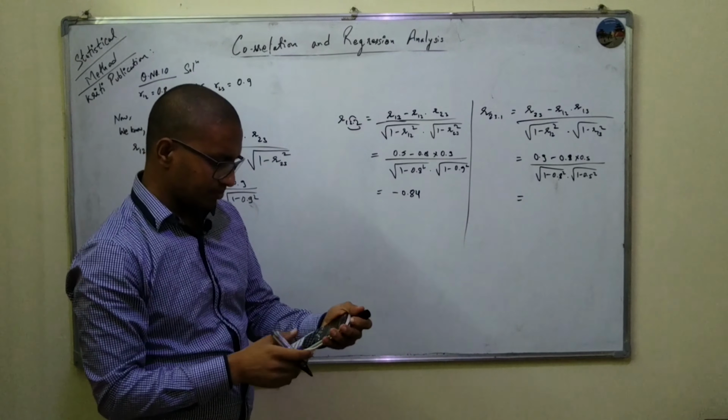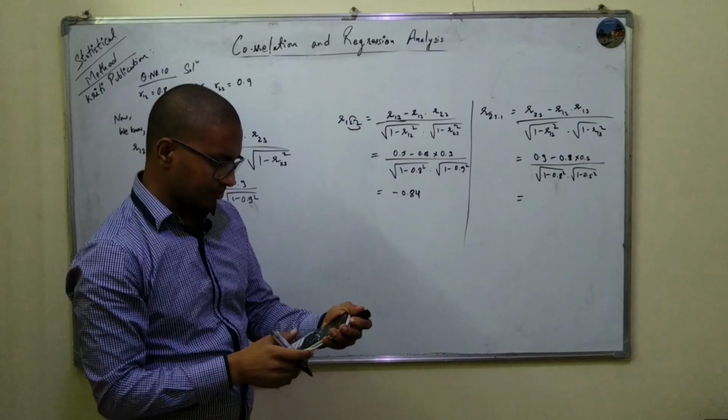Let's compute it. 0.9 minus 0.8 into 0.5, and then we divide it by the root of 1 minus 0.8 square, and again divide by the root of 1 minus 0.5 square.